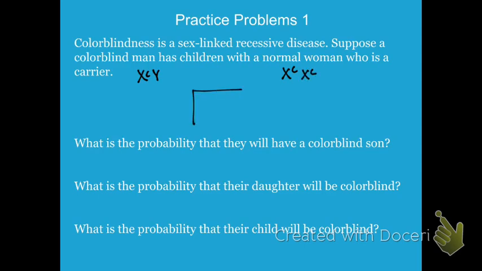And so let's do the Punnett square. So let's take a look.